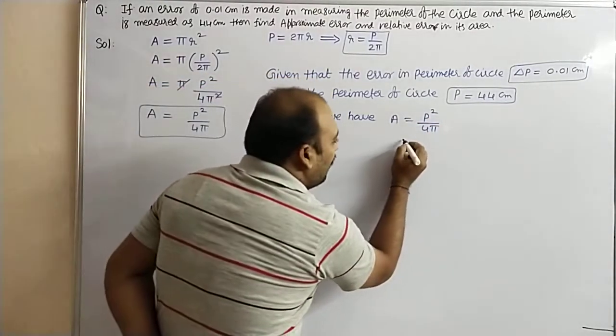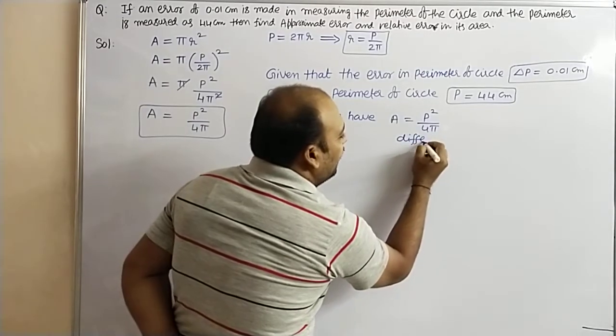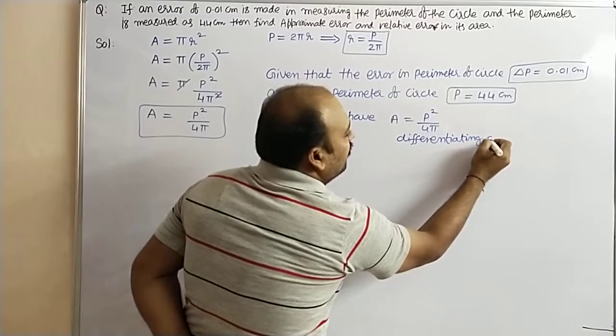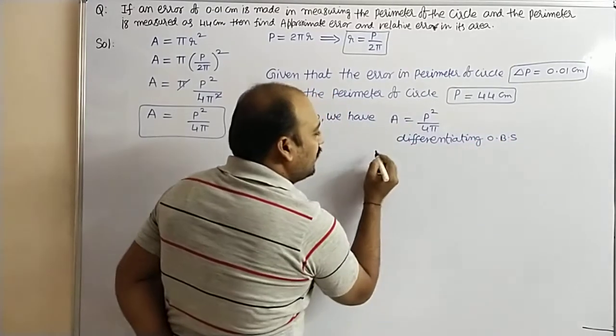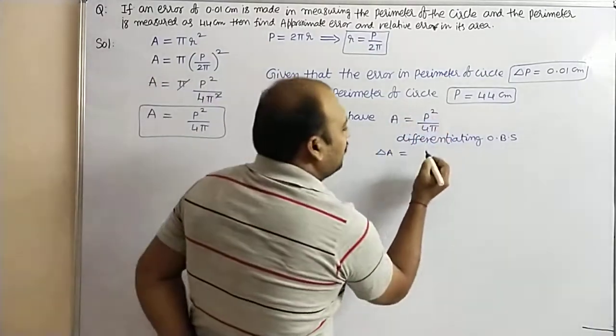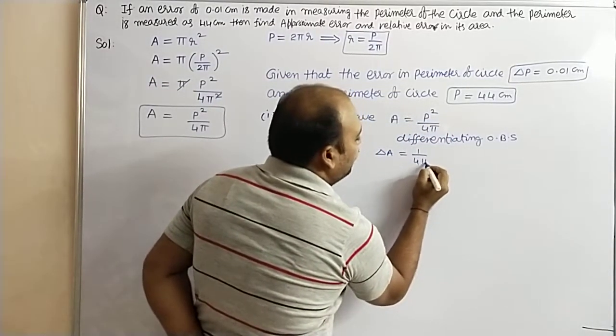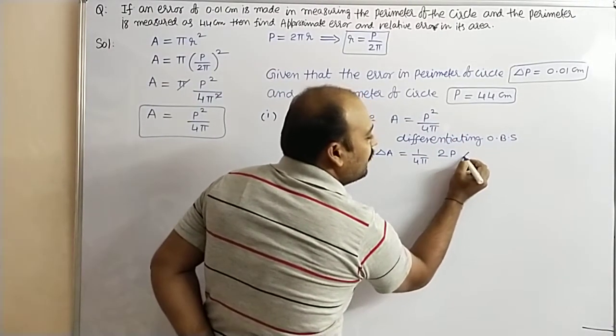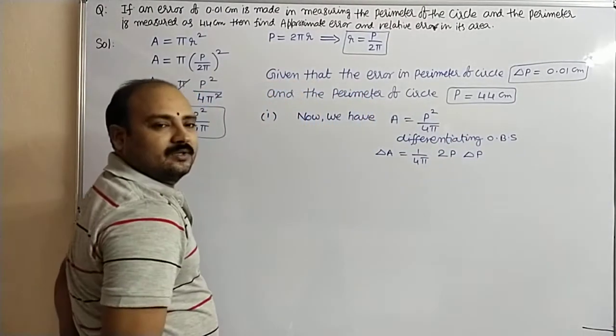Now, differentiating on both sides. Your A derivative is delta A. After that, 1 by 4 pi is constant. Again, P square derivative is 2P. Again, P derivative is delta P.